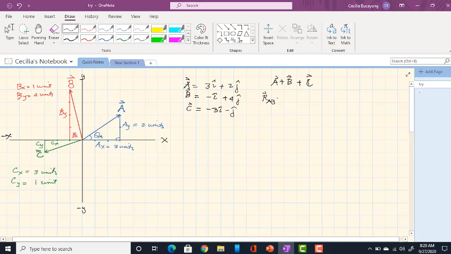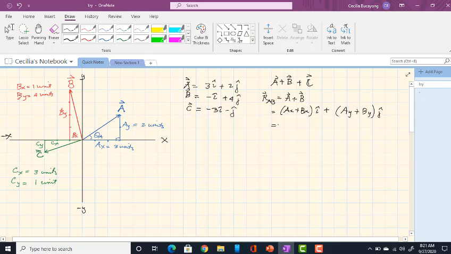RAB, the resultant vector A plus B. So let's just add simple arithmetic of the vectors or the components along the same direction. So this is just simply grouping. So the AX plus BX all along I hat, so that we can just add automatically, plus AY plus BY along j hat.